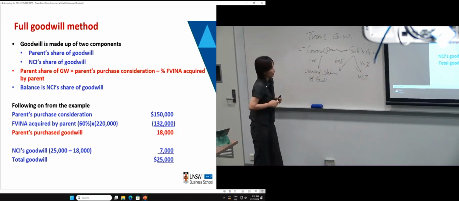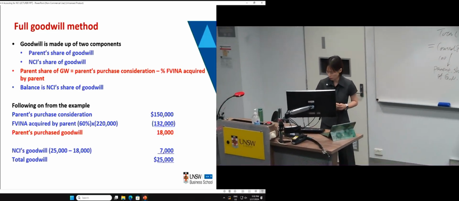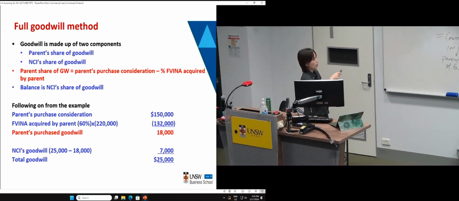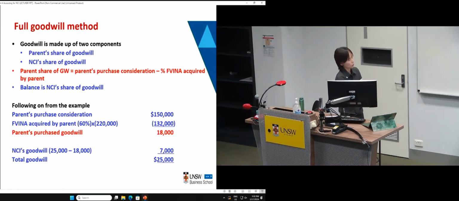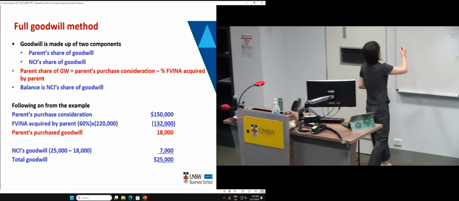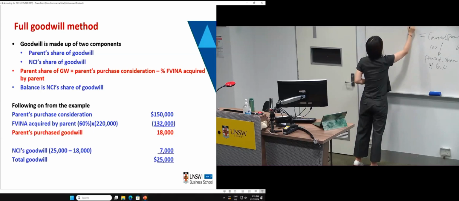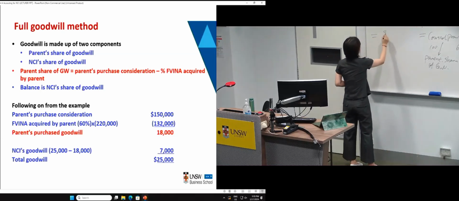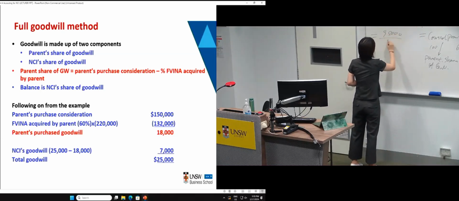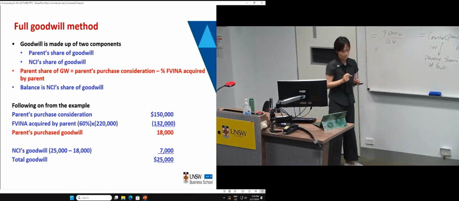So in order to find out the goodwill we allocate to NCI, for example, if the question asks for the goodwill allocated to NCI, how do we do that? We can find the subsidiary goodwill, right? And then we multiply by 40%, and you will get goodwill allocated to NCI. Now, how to determine the subsidiary's goodwill? What is the fair value of the subsidiary's share? 95,000 divided by 0.4, right?